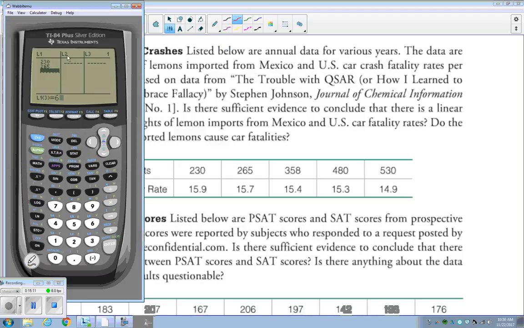I hit the backspace and it says, nope, you can't backspace here. In L2, of course, we're going to put the fatality rate of car crashes per 100,000.